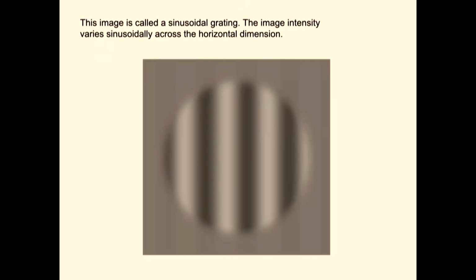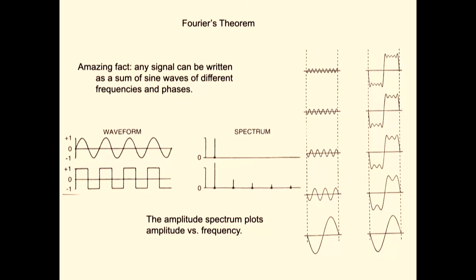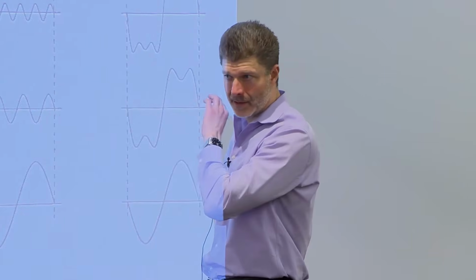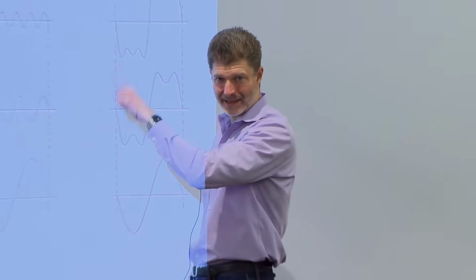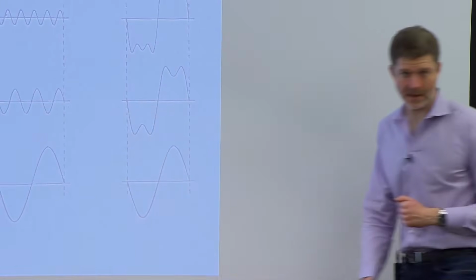What do we mean by that? This is a sinusoidal component of an image, a sinusoidal grating. That means the image intensity varies sinusoidally, in this case across the horizontal dimension. Back when we were talking about sound, the y-axis was pressure and the x-axis was time. Now that we're talking about images, the y-axis will be intensity and the x-axis will be space, or position in the image.